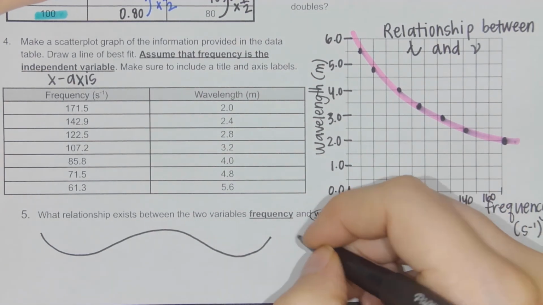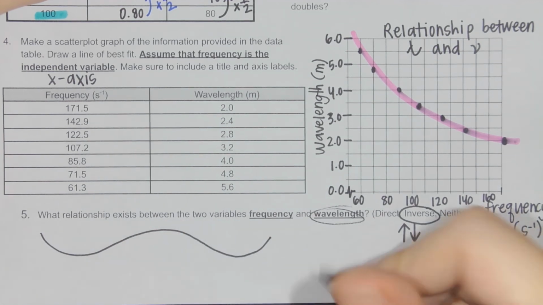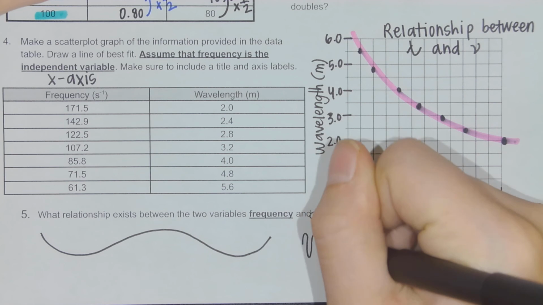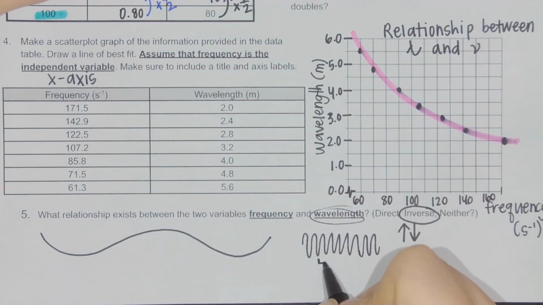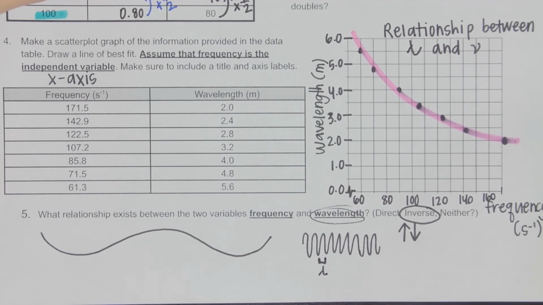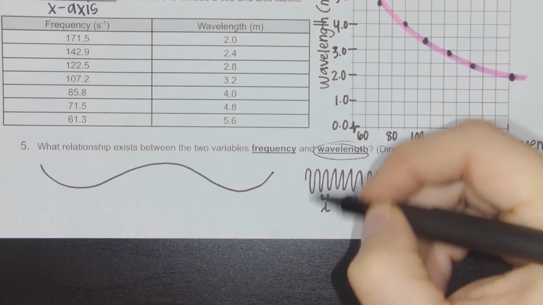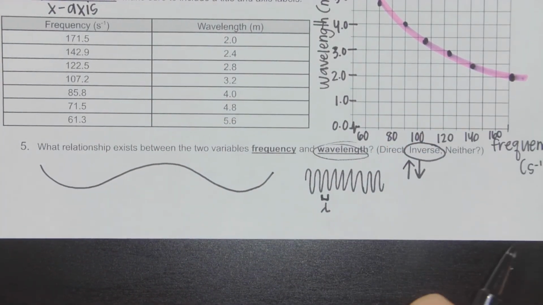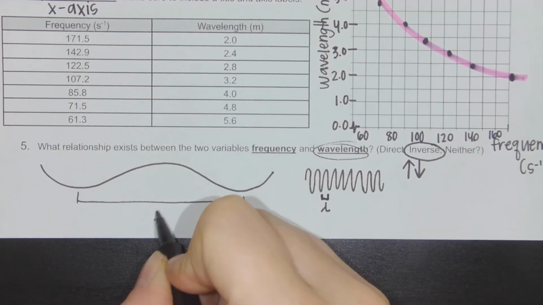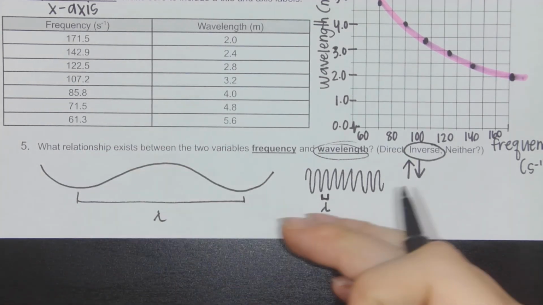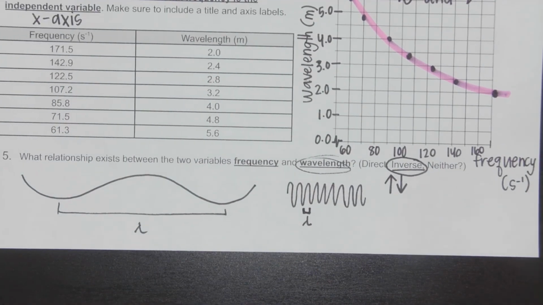The wavelength is really, really long. It's not happening very frequently. But if I have a wave that's like, whoops, look at how close those waves are together. Super duper tiny, super duper short wavelength. The frequency is high when the wavelength is low. When the wave is really, really chunky and big, it's not very frequent. So that's what it means by inverse relationship.